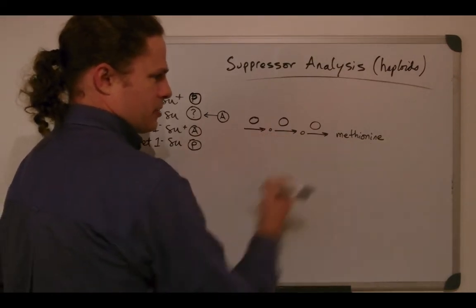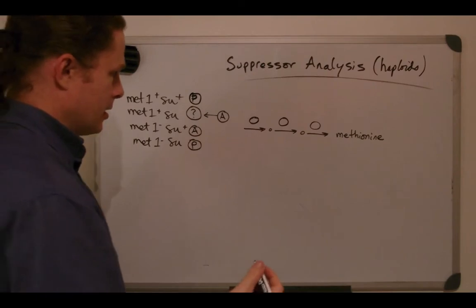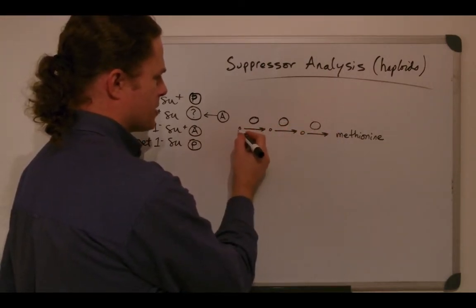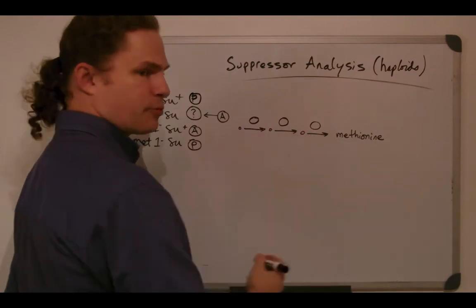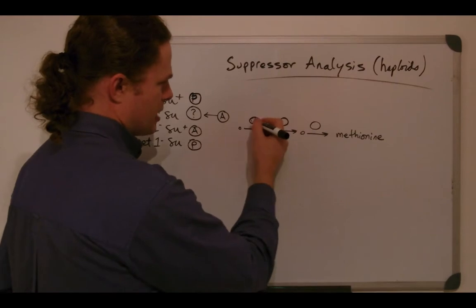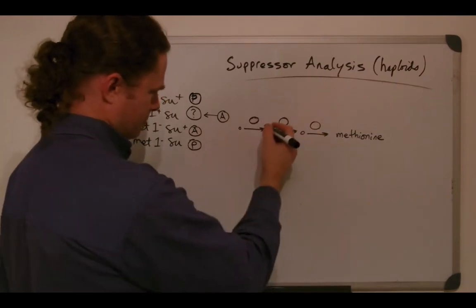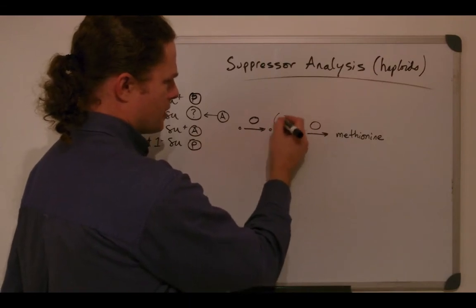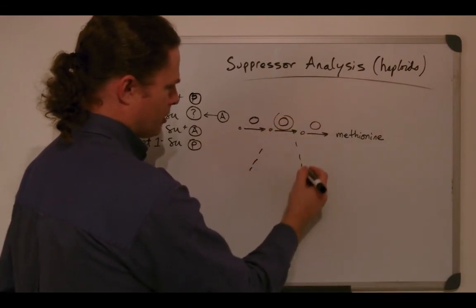Again, we've got some biosynthesis pathway leading to methionine, and we have different enzymes catalyzing different steps as we take different compounds through the pathway to methionine. These different enzymes are here just represented with these circles. But let's take this one and blow it up a bit and have a look at it.